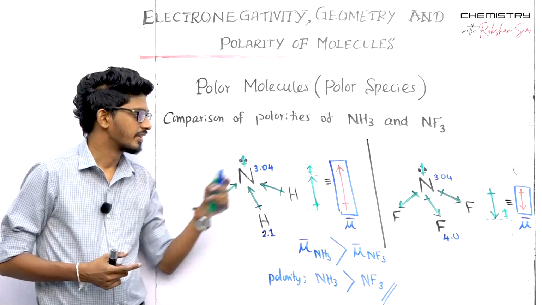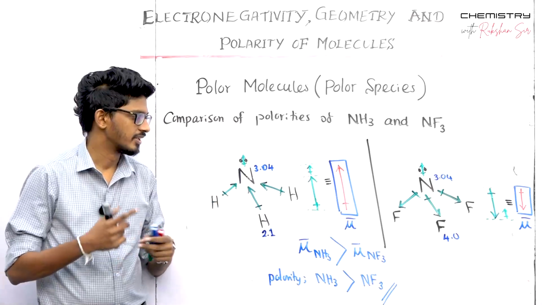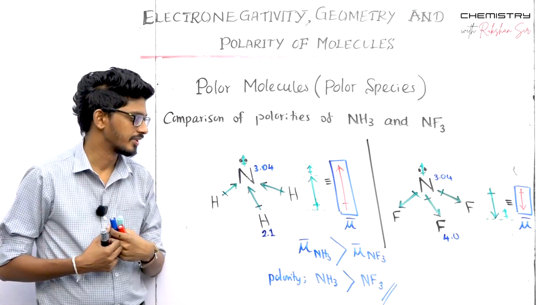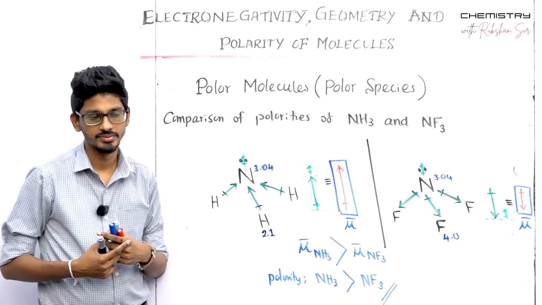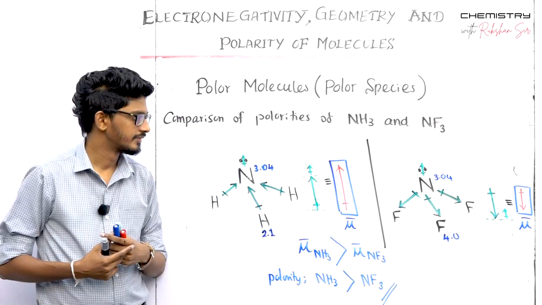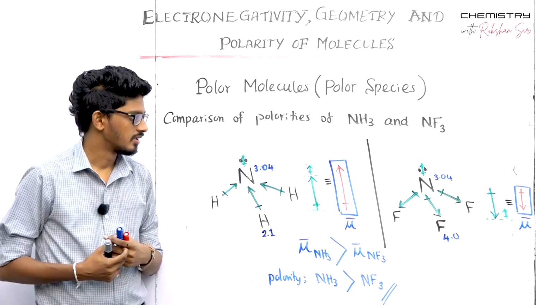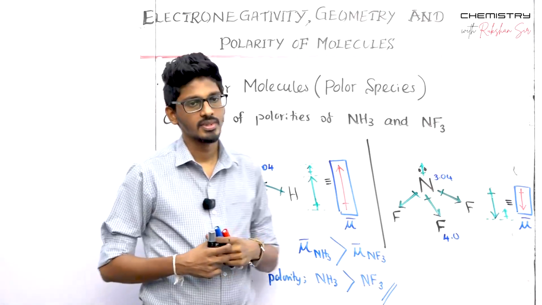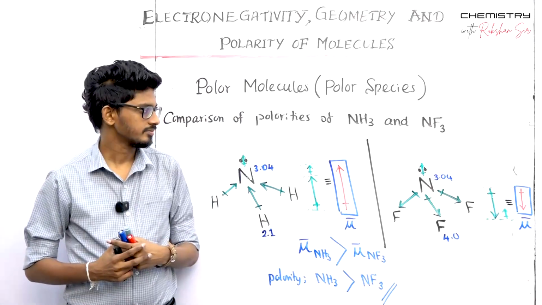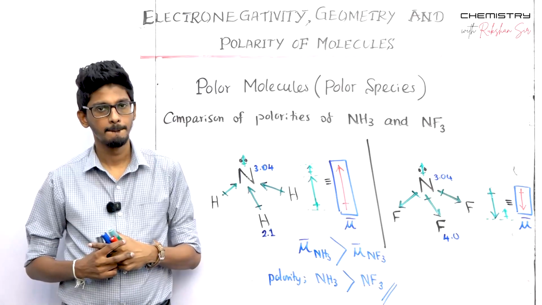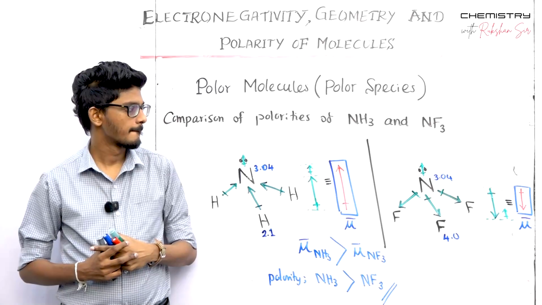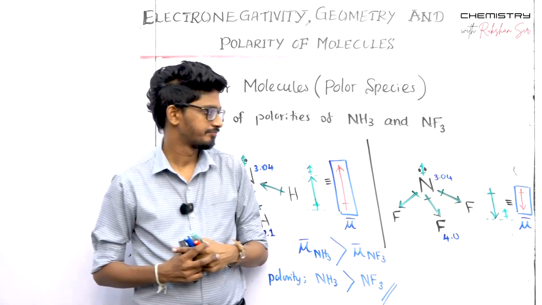The effect of the lone pair decides which has a greater dipole moment and which has a smaller dipole moment. That will ultimately decide the polarity of the molecule. Right? Okay. That is the idea.